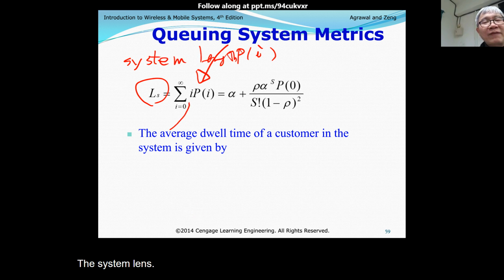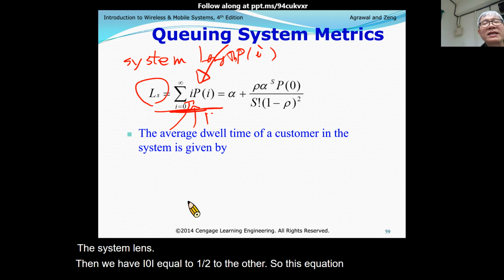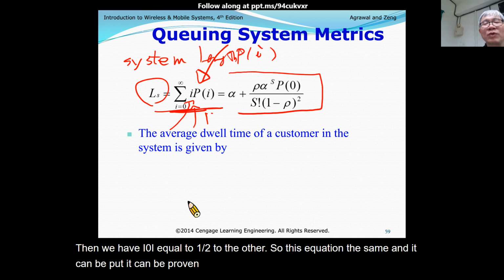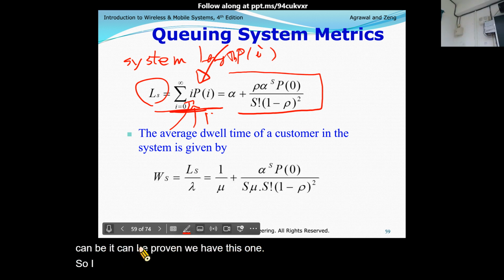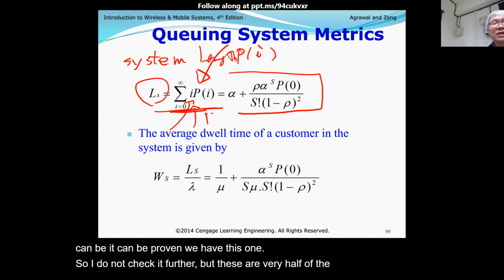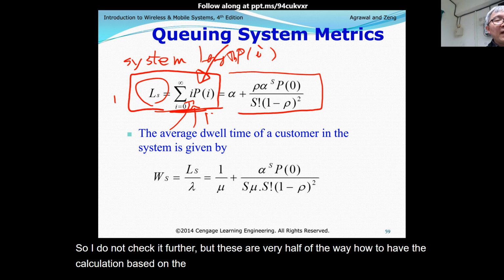Same as before: the sum over i from 0, i equal to 1, 2 and so on. So this equation is the same, and it can be proven that we have this one. I do not check it further, but at least we already have the way to do the calculation based on the steady state equations.